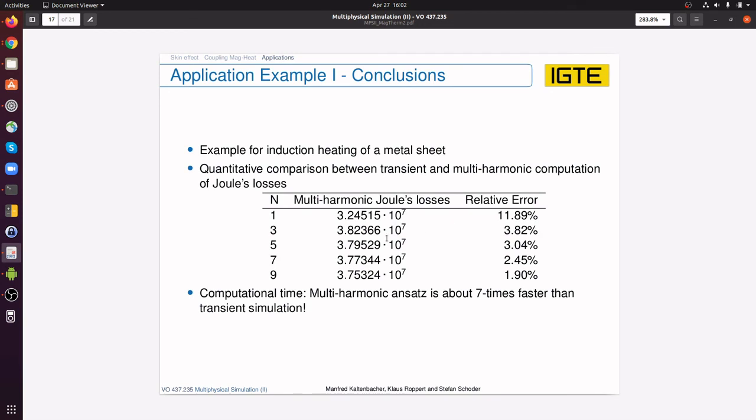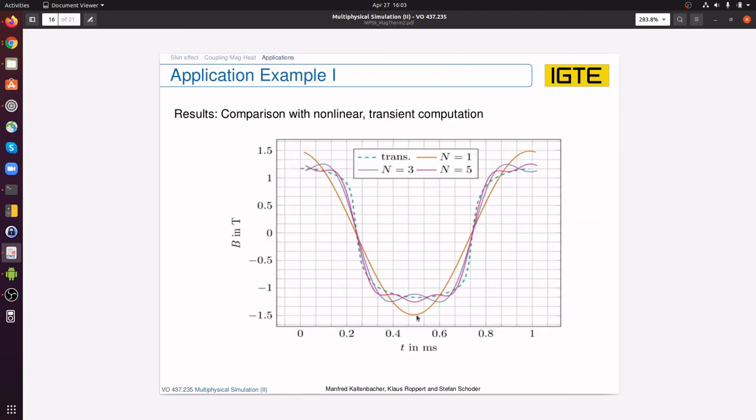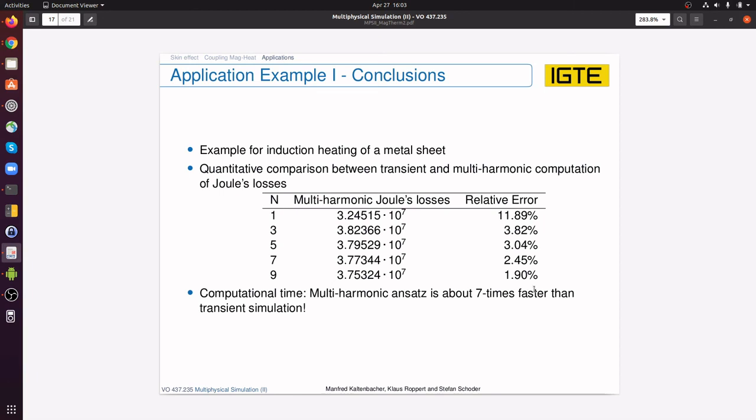Okay, but we can see that we are converging towards the nonlinear transient reference solution if we are looking at the Joule losses. The total Joule losses are depicted here in this center column, and the relative error compared to the nonlinear transient solution is decreasing, although we have some severe oscillations here if we plot the B over time.